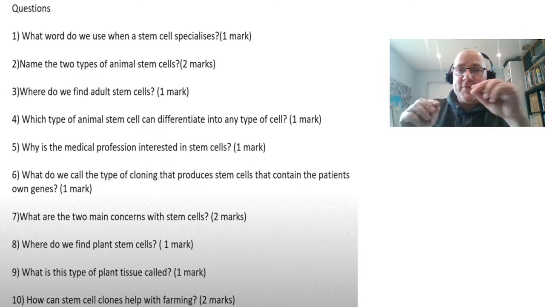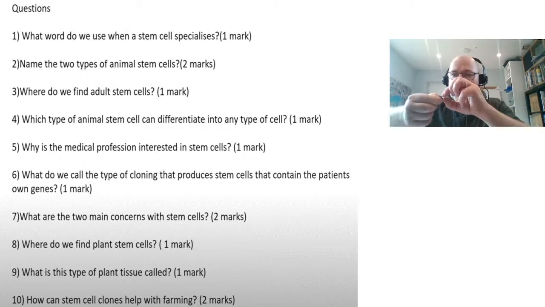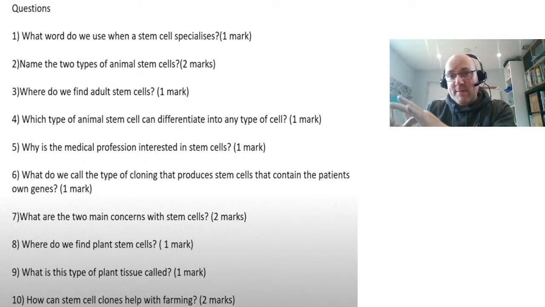Therapeutic cloning is where they take one of my skin cells, they cut out the nucleus with my 46 chromosomes, and they cut out an embryo cell, chuck away its DNA, and stick my DNA in the embryo cell. That embryo is still an embryo cell. It still can become any cell, but now it contains my DNA.